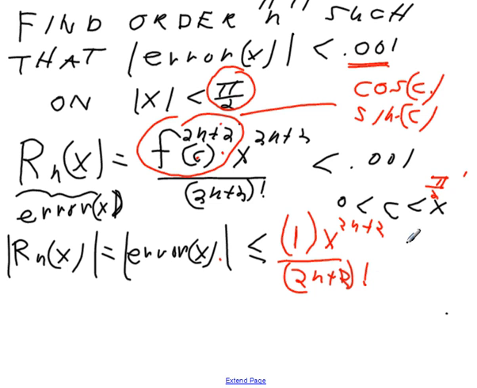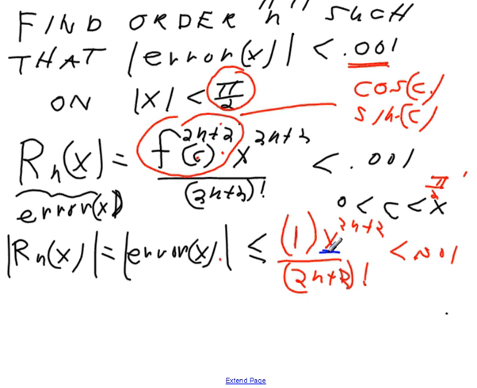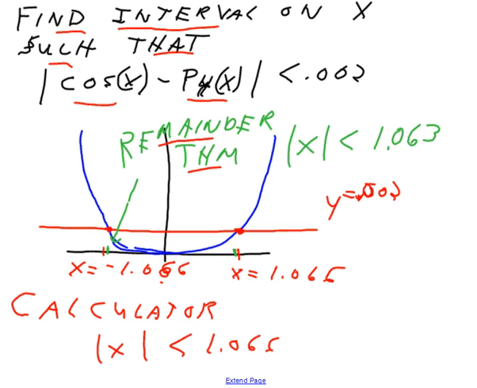Okay, what do I want that to be? Less than 0.001. I'm going to change colors just to make this a little more fun. What's x? Well, remember, where's the error going to be the maximum? Is it going to be the maximum at the center point? No, the error is going to be the maximum right here at the edge, pi over 2.